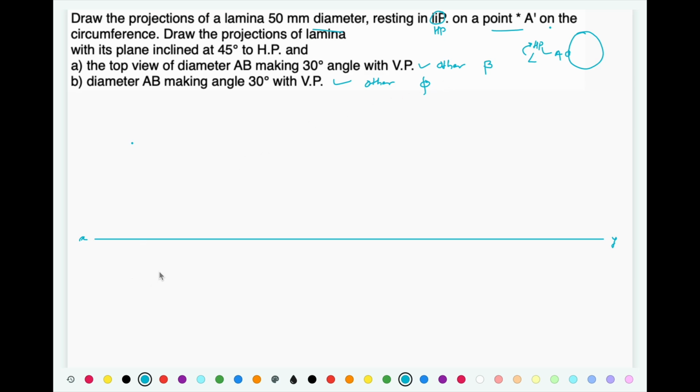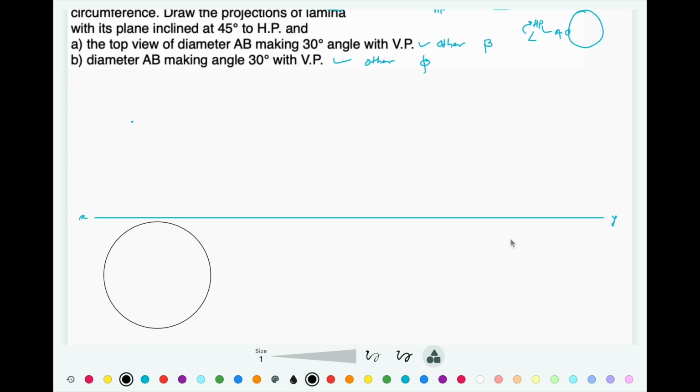So the first one, as it is resting on HP on one of the points of the circumference, in the top view you are going to get the circle.